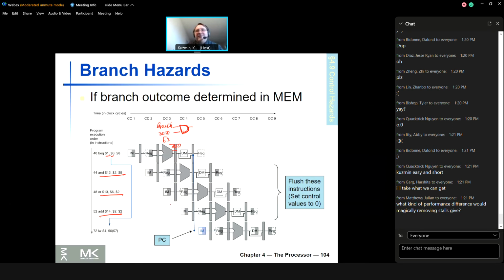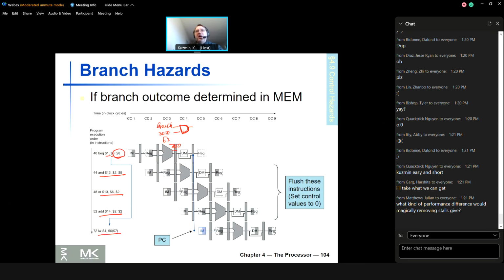They will be at different stages of execution as of clock cycle 4. And then imagine that it turns out that the branch is taken, and we have to jump to this offset 28 and execute this instruction.